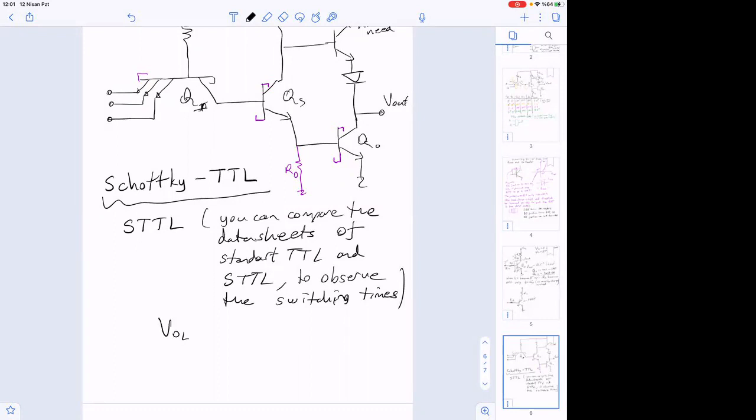The output low is 0.5 volt instead of 0.2 volt, but it's okay. So when you see STTL, we explain this so that you understand what it is and what the advantage of it is.